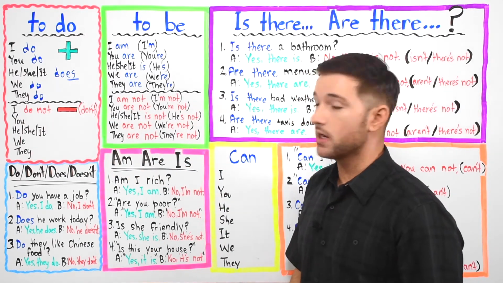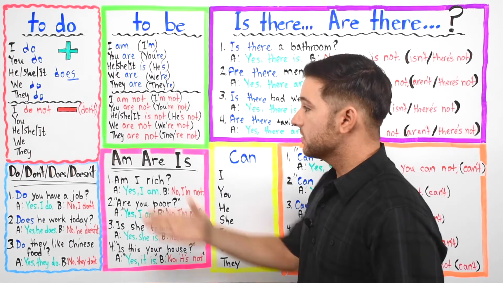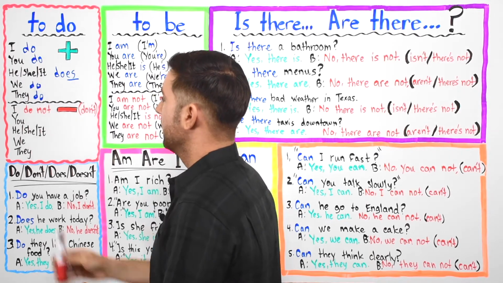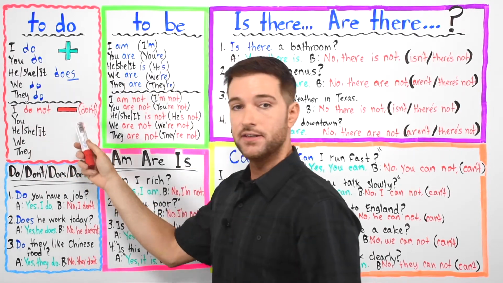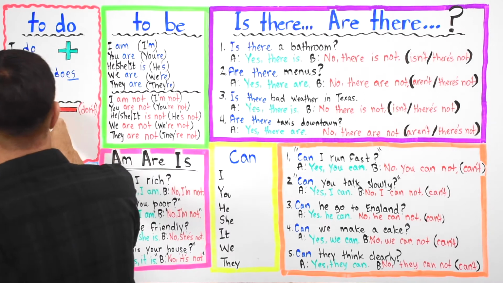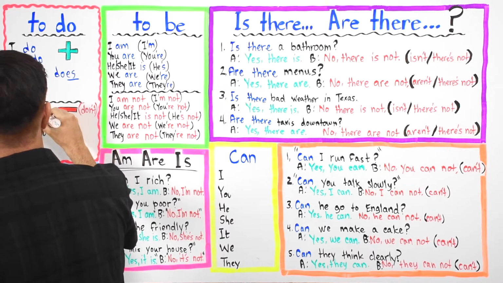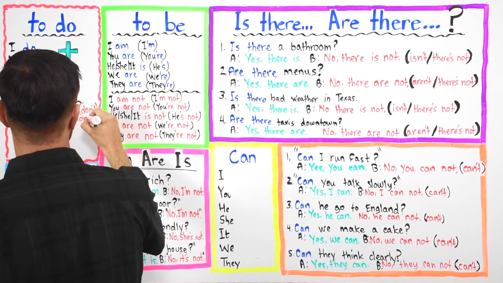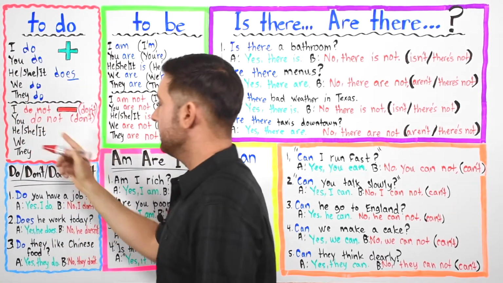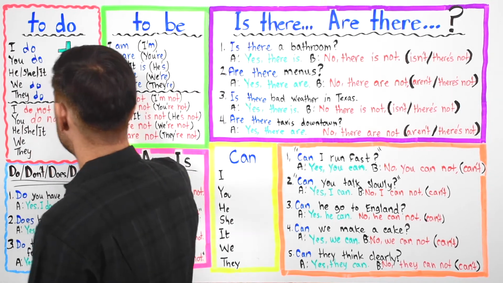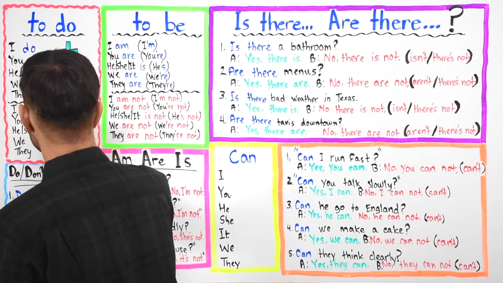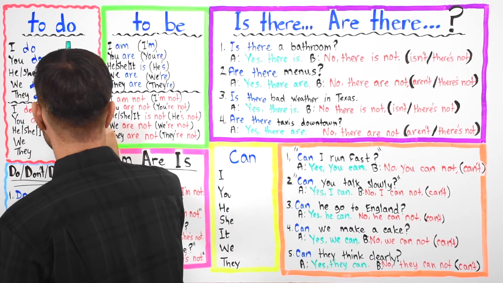So let's get back to what I was saying, okay? Let's look at the negative forms. We have more. So we have I do not, or you could say I don't. We could say you do not, or you don't, D-O-N-T. Okay, he, she, it does not. Okay, we're going to take does from up here. Does not.